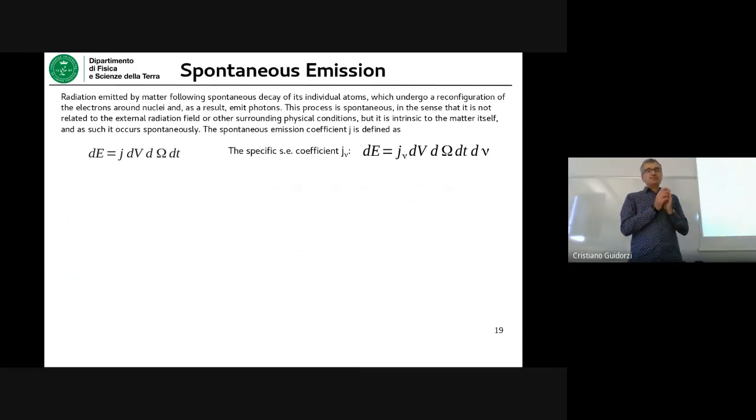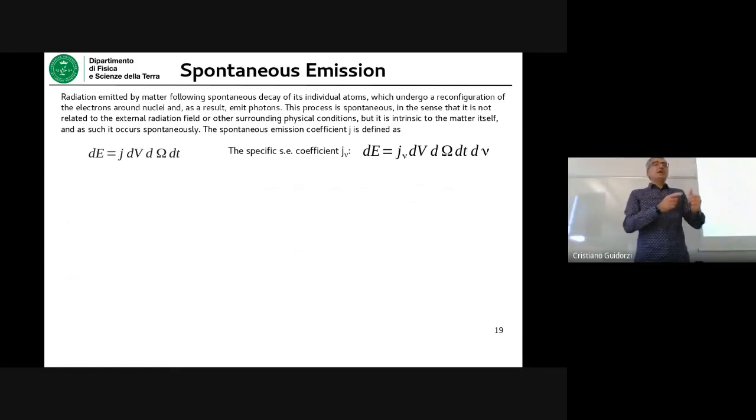So how can we quantitatively define, characterize this spontaneous emission? Well, you would expect that you have the production of energy, of radiation, per unit volume and per unit time, and also, if you care about the direction of the radiation, per unit solid angle. So we define a quantity J, the so-called spontaneous emission coefficient.